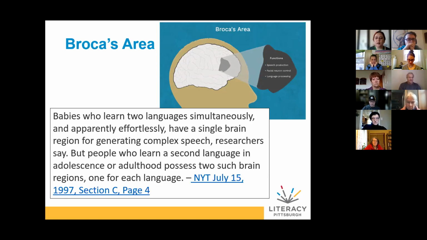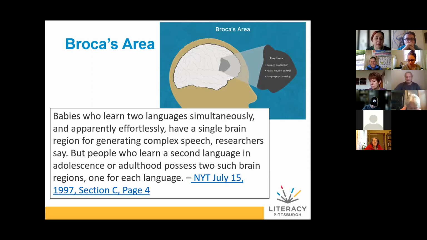But people that are adults that are learning a second language, the area is segregated. And so our brain develops a new section for the second language. This is brain development. Our brain is continually growing. So pronunciation can take time. Our brain is actually creating a new area, which I find really amazing.